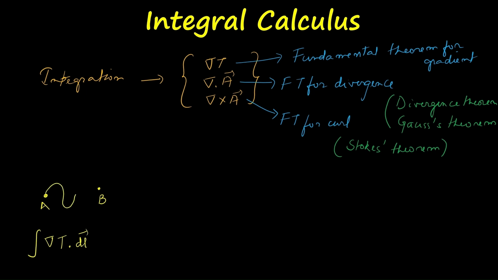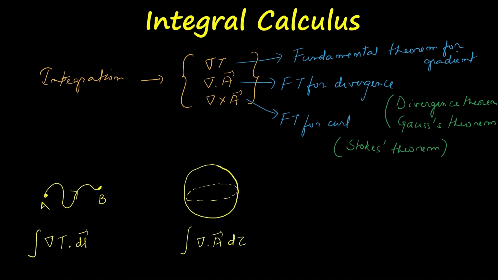Suppose this is the path. And in another example, I have a solid sphere, and I want to perform integration of the divergence of a vector function with respect to the volume.